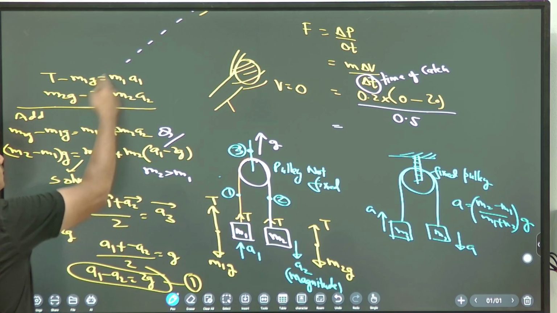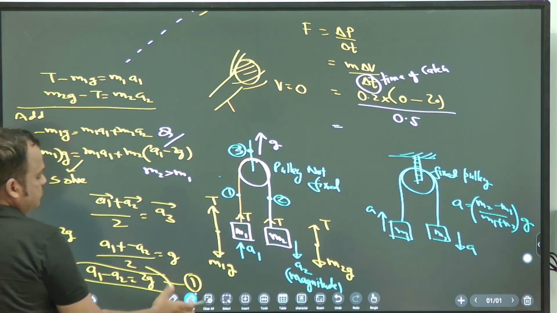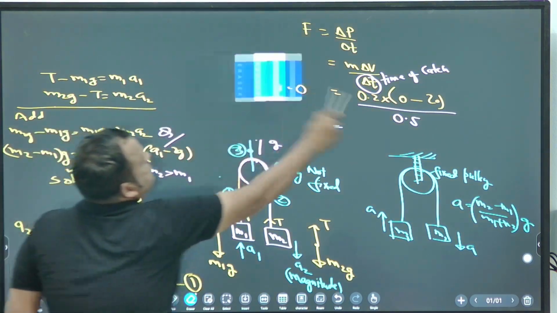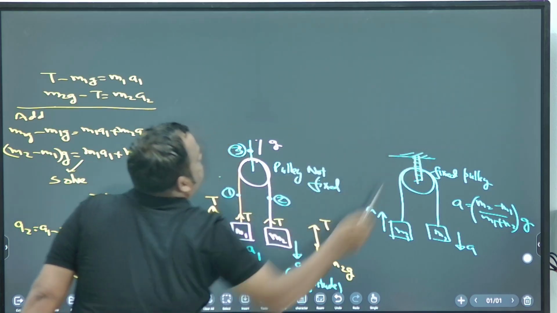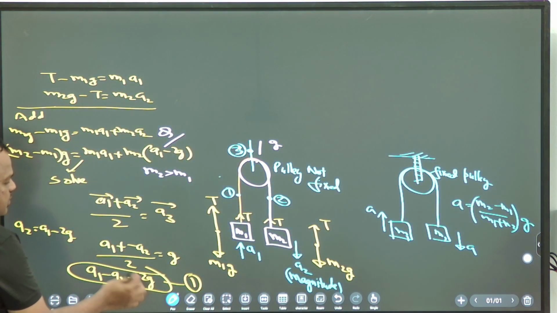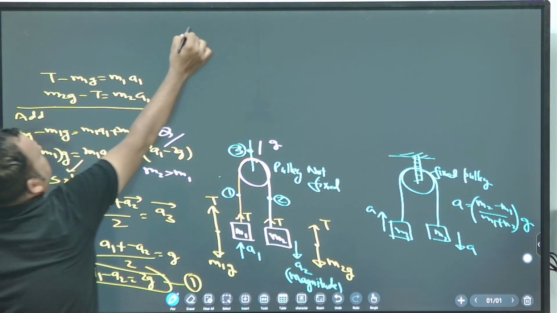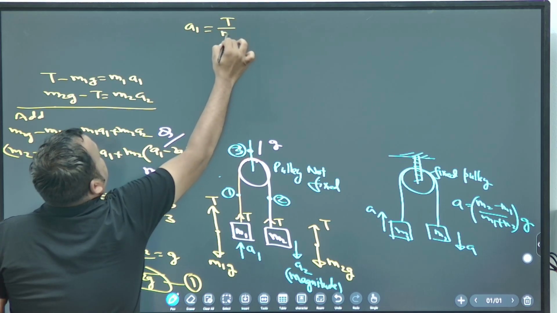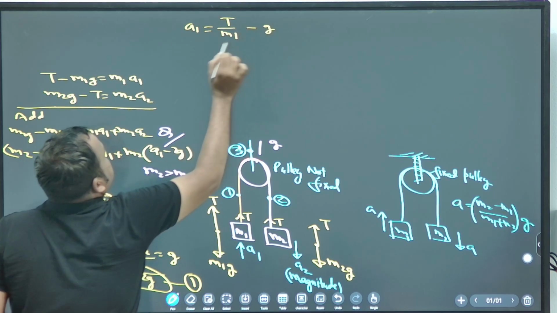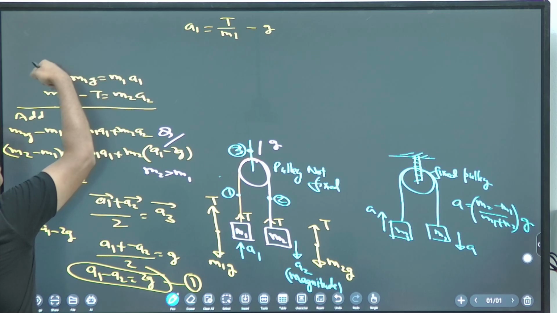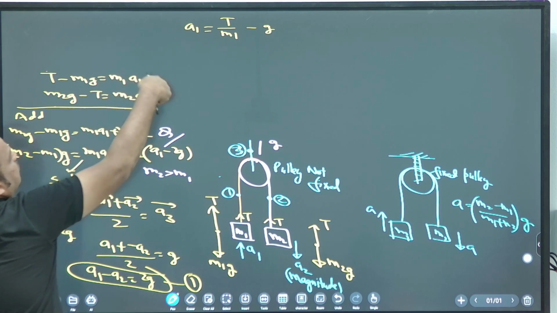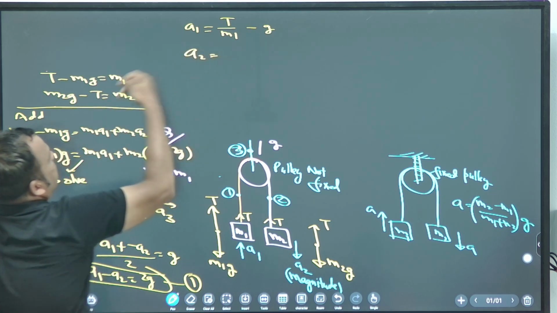And how to find tension directly using this? You find a1 and a2. What is a1 from here? Using this, a1 is T by M1 minus g. If you divide both sides by M1, T by M1 minus g is equal to a1. And what is a2? Tell me, what is a2?